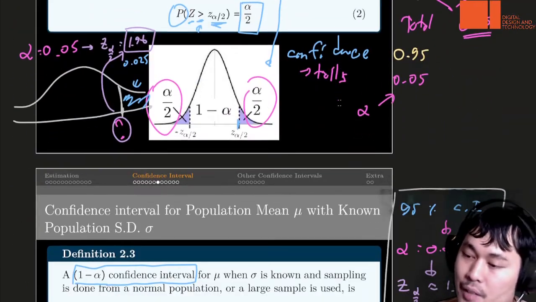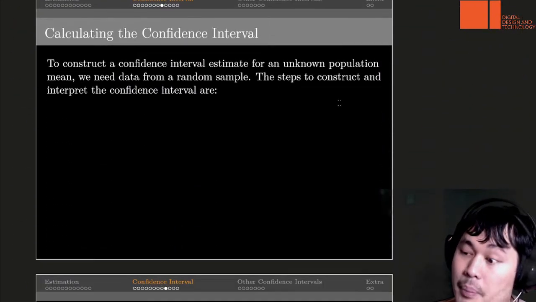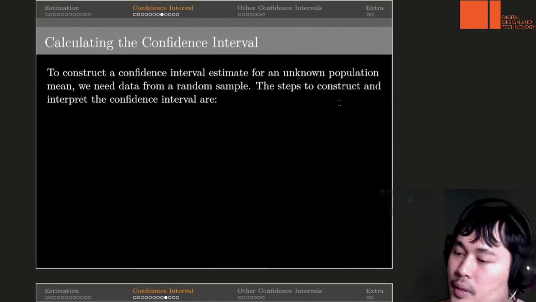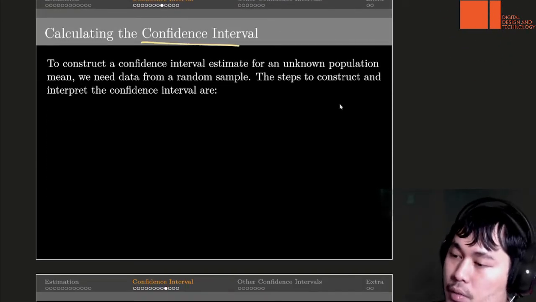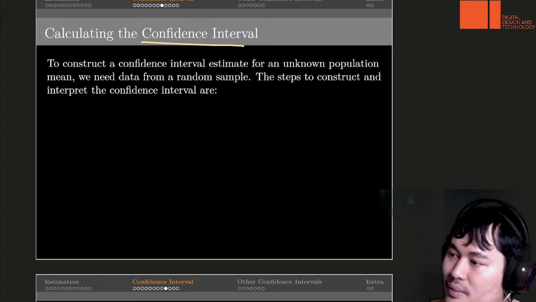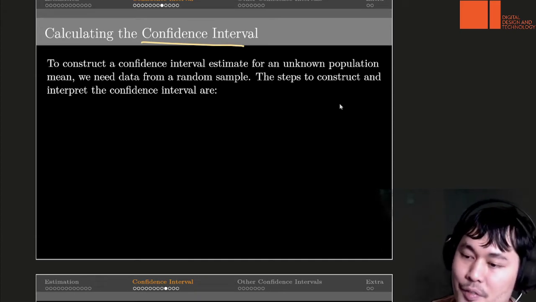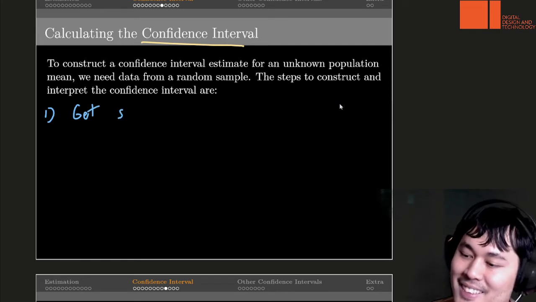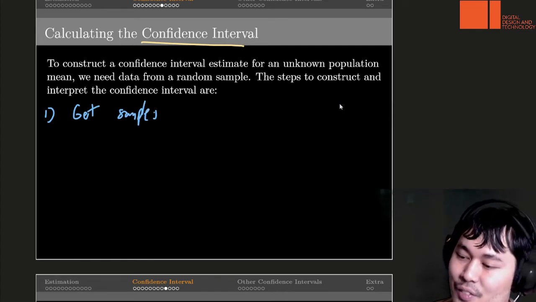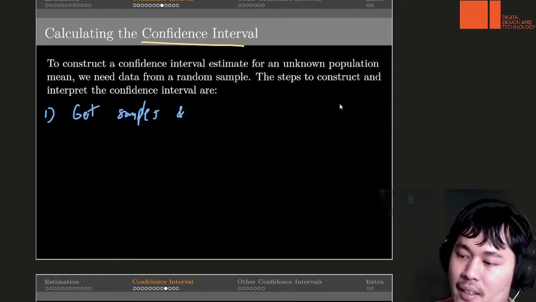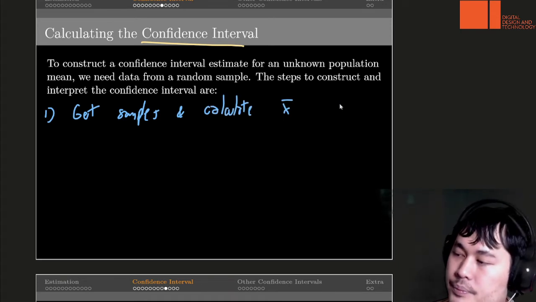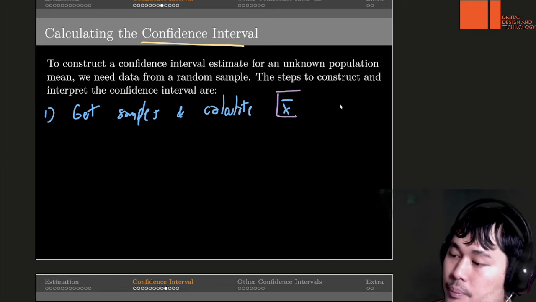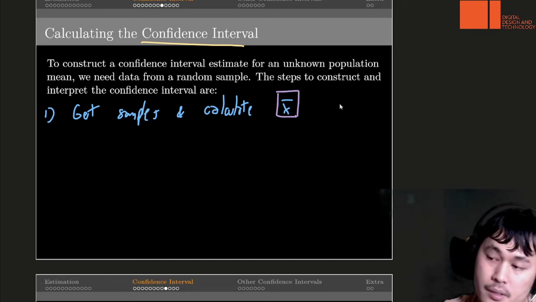But in practice, if you want a complete idea of how we can find a confidence interval from scratch, then follow these steps. The first step is, of course, to get samples in the first place and calculate x bar, the sample mean. So that's the starting point.